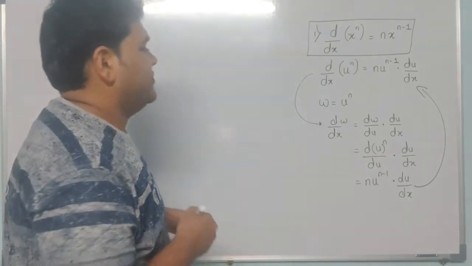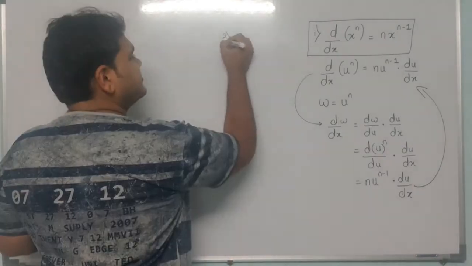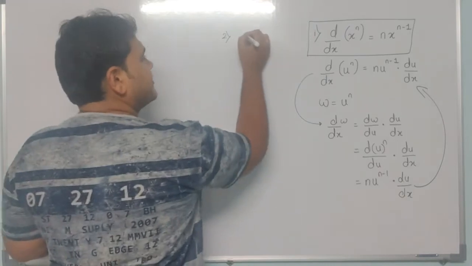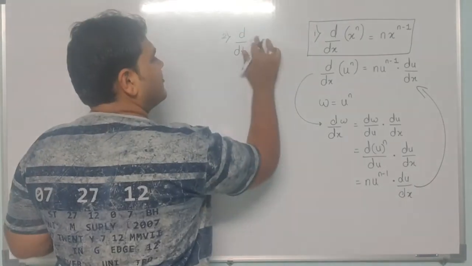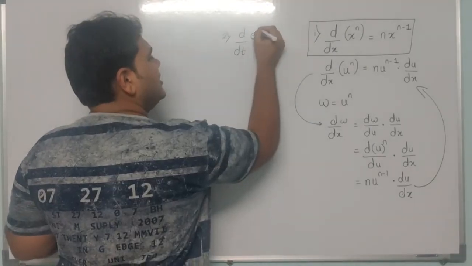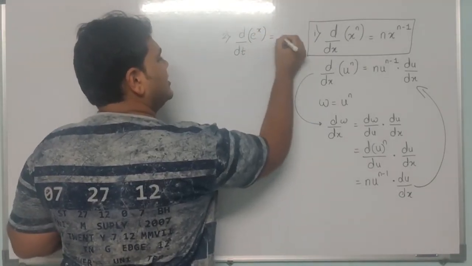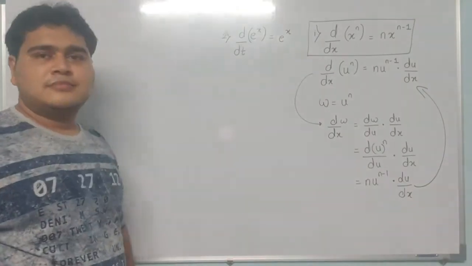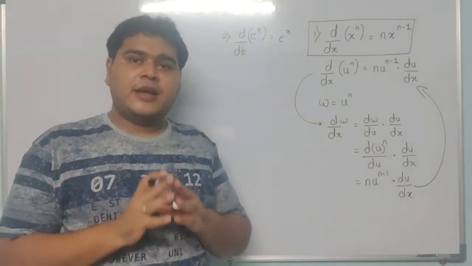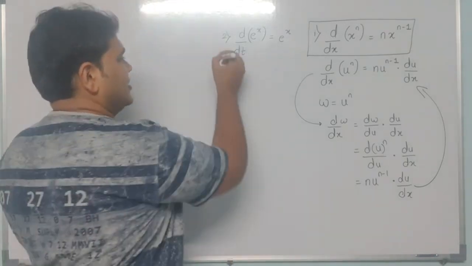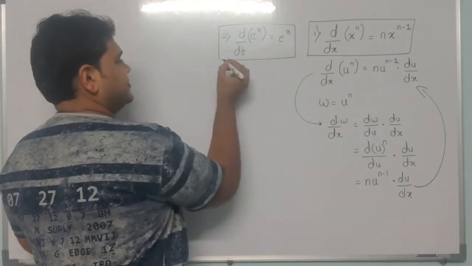Yes? Okay. So now we go for the second formula, which is d by dx of e raised to x. Yes, it remains the same. So if you have e raised to x, if you take the derivative of that, it remains the same. So that's the second formula.